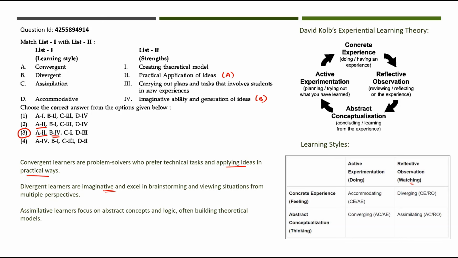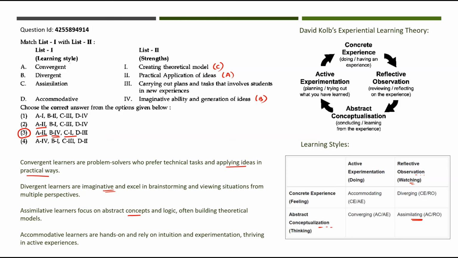What about assimilation? Assimilative learners focus on abstract concepts and logic, often building theoretical models, because it is about abstract conceptualization and observation. Assimilation can be mapped to creating theoretical models. C maps to 1. C1 is here. What about accommodative then?